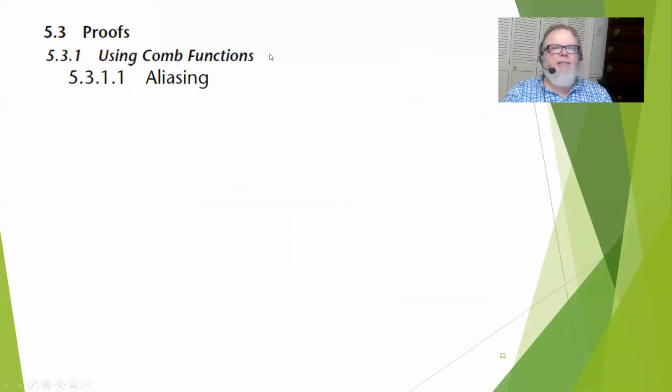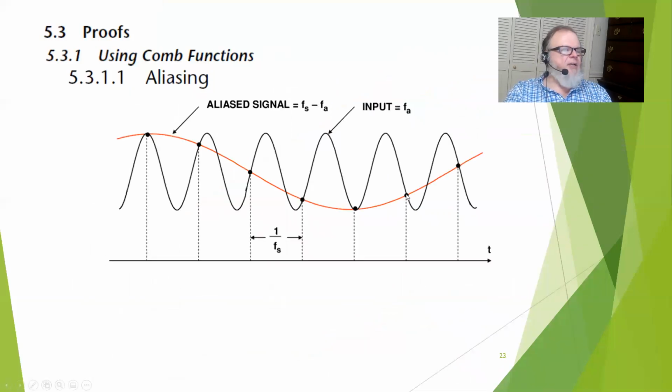Now, of course, we do know that there is something called aliasing. What happens with aliasing? Aliasing happens when you don't sample fast enough. There are a number of ways to look at aliasing, but here's a classic example. Suppose that you have a signal, and this signal is a very high frequency sinusoid. But this high frequency sinusoid is not sampled sufficiently fast. And so it's sampled here, and here, and here, and here.